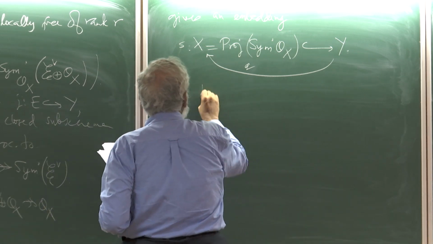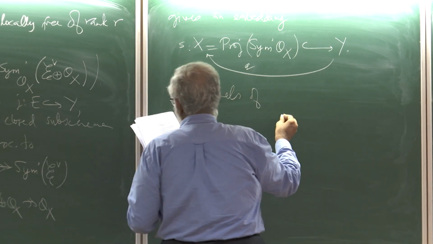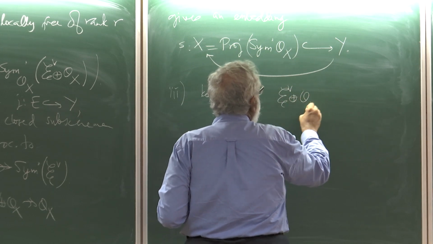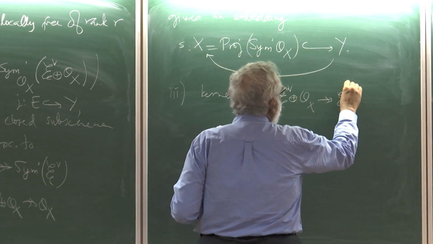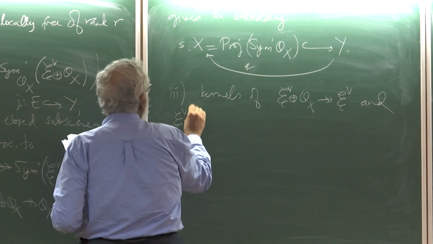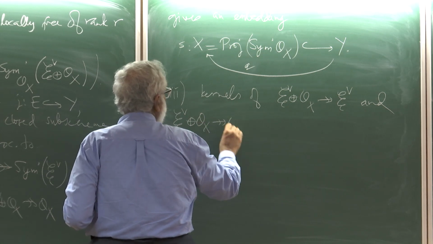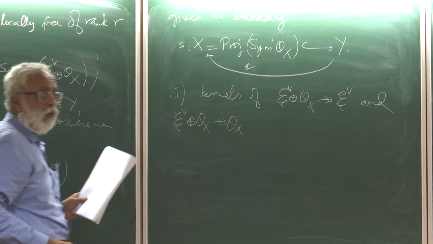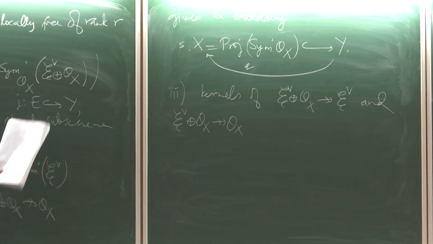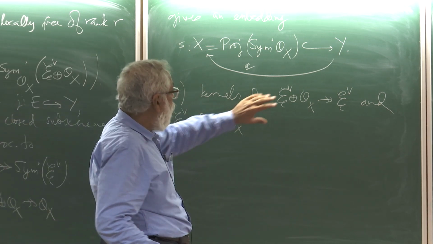The kernels of the two surjections which I started with, E dual direct sum OX onto E dual and E dual direct sum OX to OX, give me, of course, kernels on the level of symmetric algebra, the two ideals, and those two kernels together span this vector bundle.